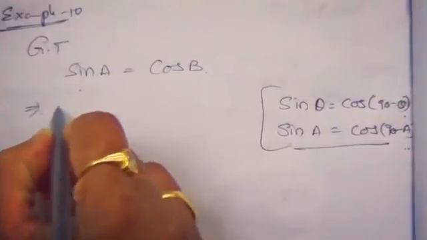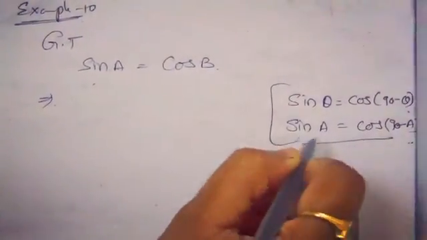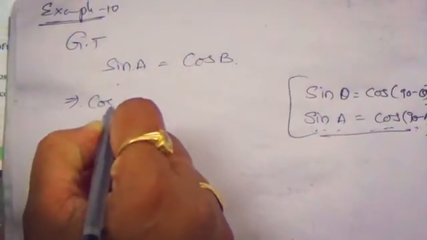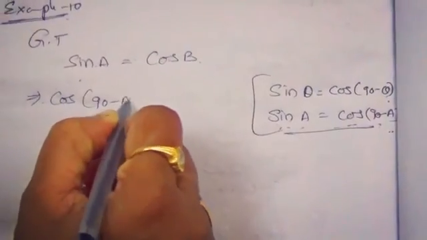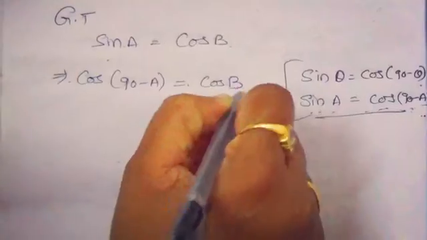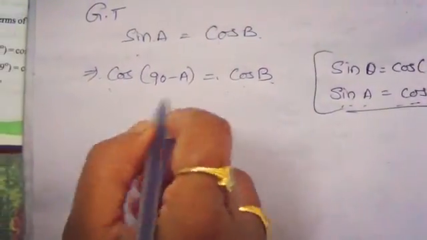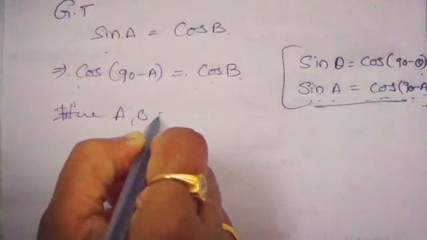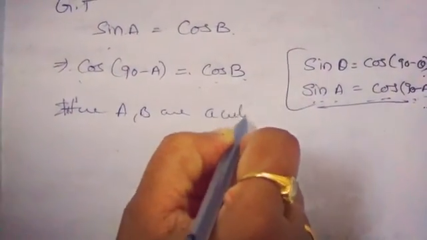That implies you just substitute cos 90 minus A in the place of sin A. Cos 90 minus A is equal to cos B. Here we just ignore the cos on both sides. Why? Because here A and B are acute angles.